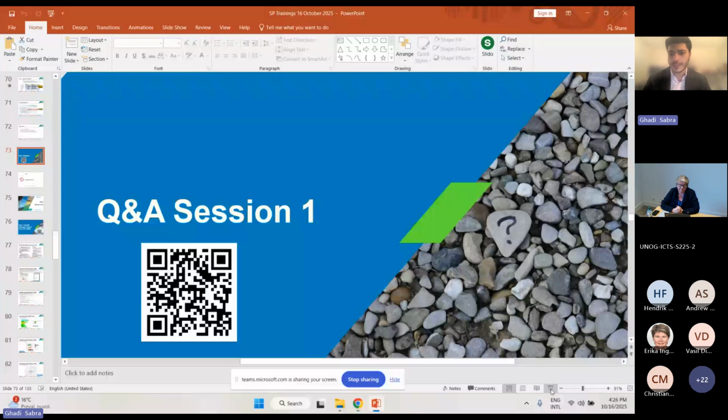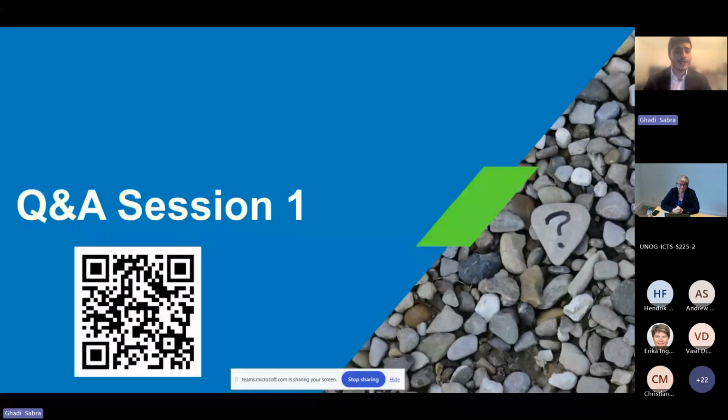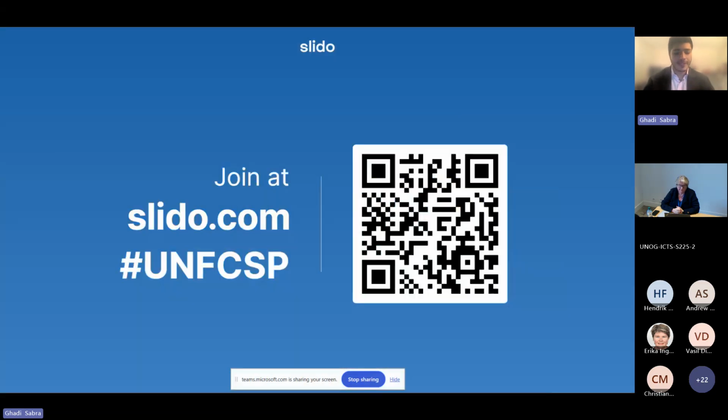Hopefully that works by scanning this QR code and joining our Slido function and answering your questions in real time. However, we are running a bit behind on schedule, so we'll keep this Q&A session a bit brief, but we will have another one later on towards the end of the training.